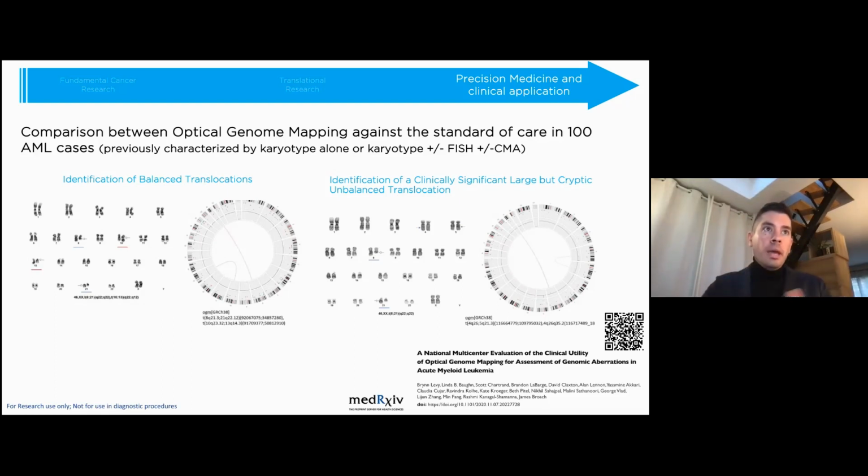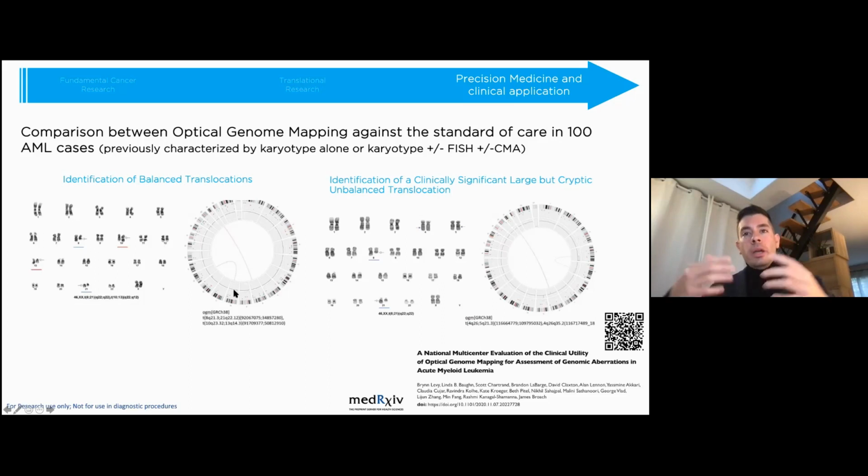So it showed the ability to identify balanced events like balanced translocations, that you can see here from the karyotype between chromosome 10 and 13 and 8 and 21, that would be represented by these lines over there and between these chromosomes here and there.